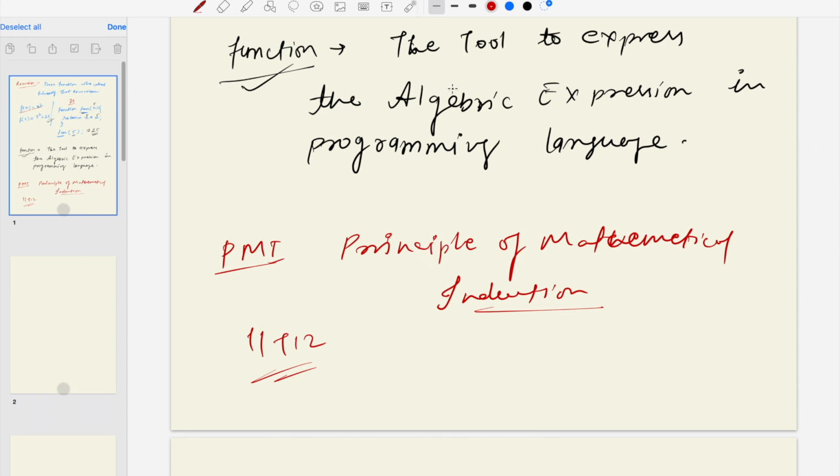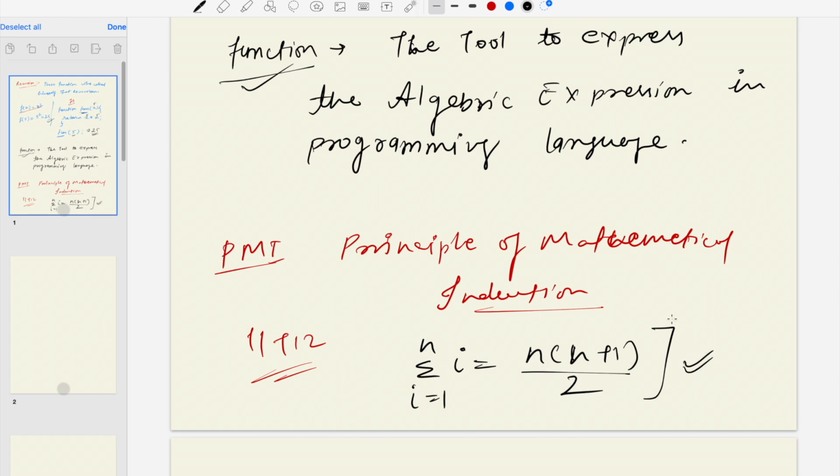What is the formula here? The sum of i from i equals 1 to n equals n times (n plus 1) by 2. It means the sum from 1 to n will be n(n+1)/2, right? This is the formula.